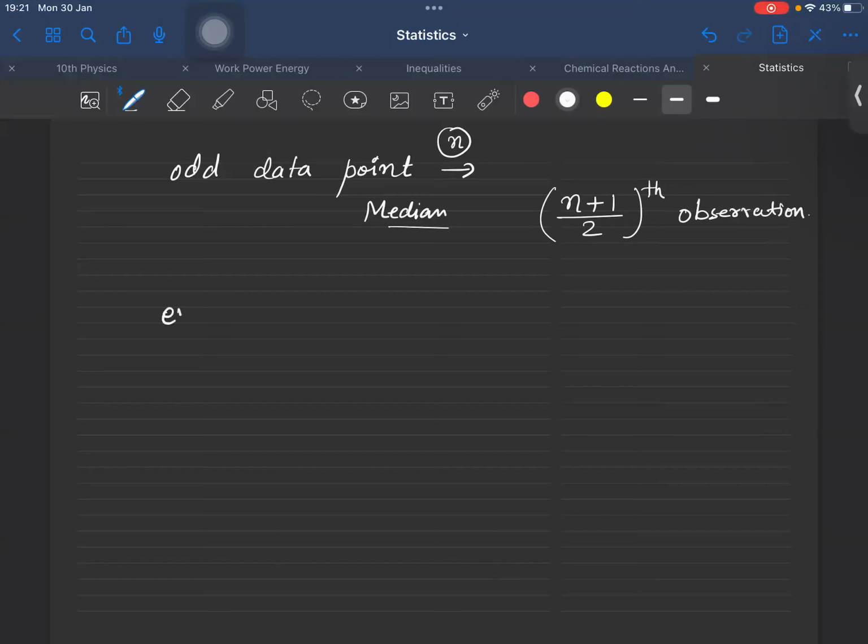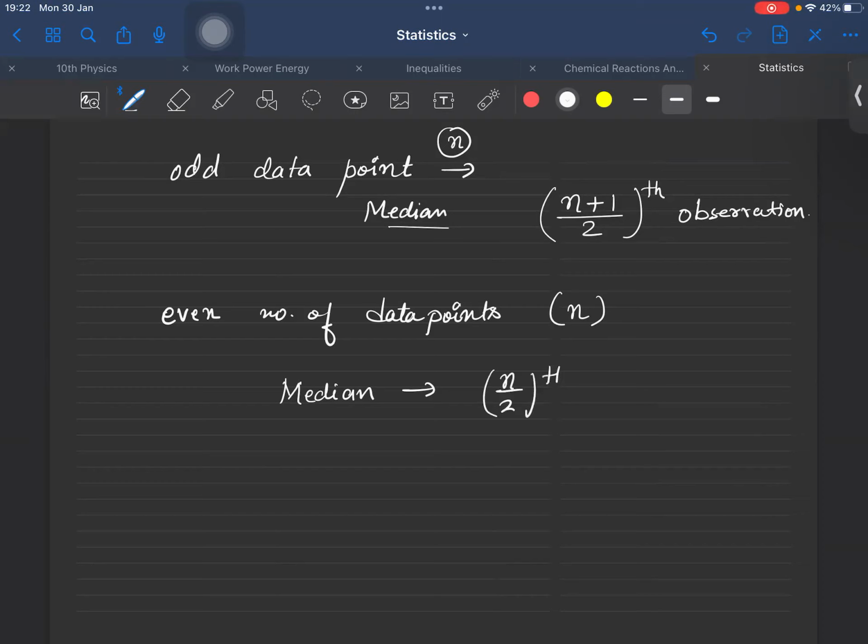And if we have an even number of data points, let's say there are a total of n data points, then the median will be the n upon 2 th observation.